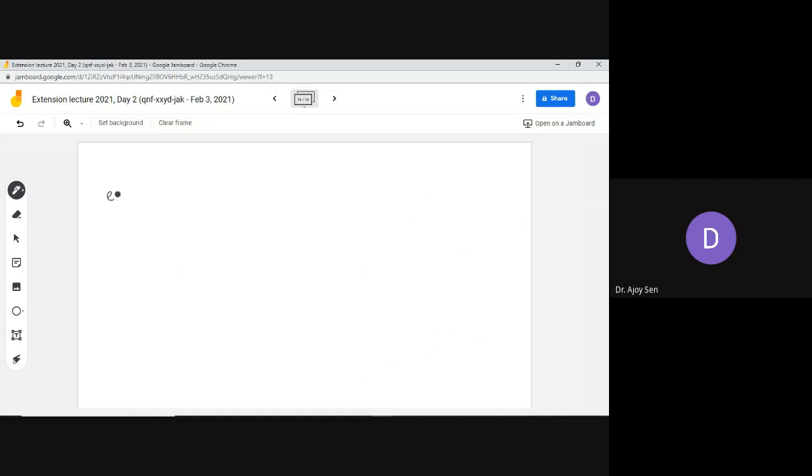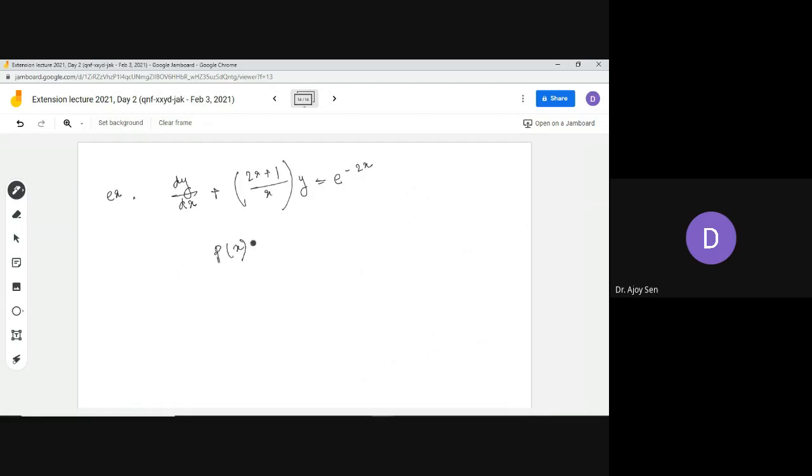So for an example, you can check this kind of equation.